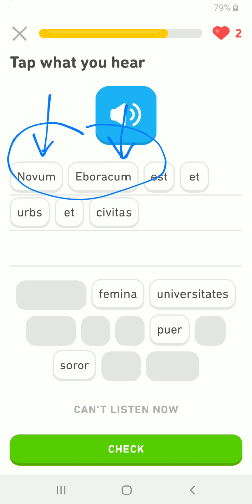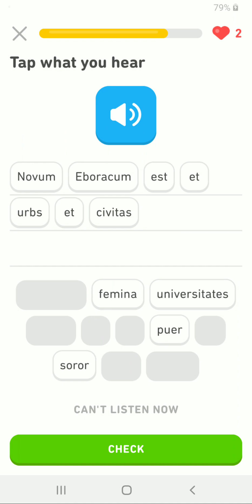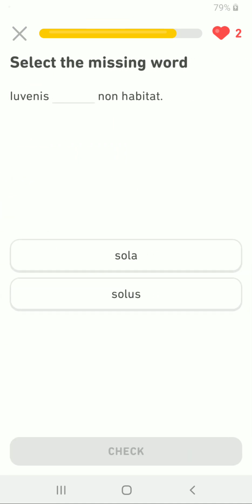Novi Eboraki is in New York. So the ending is also different, just like Americanus and America, because we have one accusative and one nominative. Let's check that. Urbs is city, it's not in urbe, and civitas is just state.